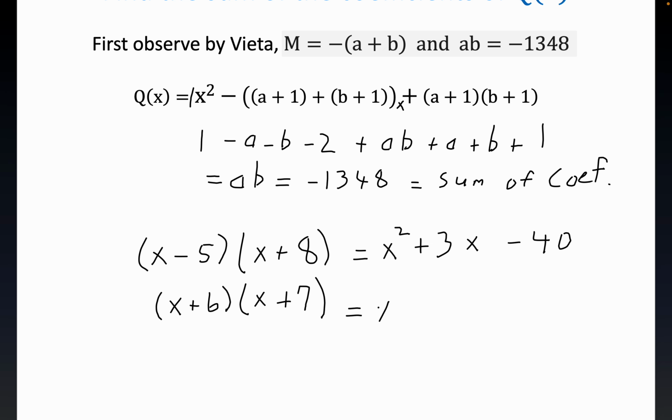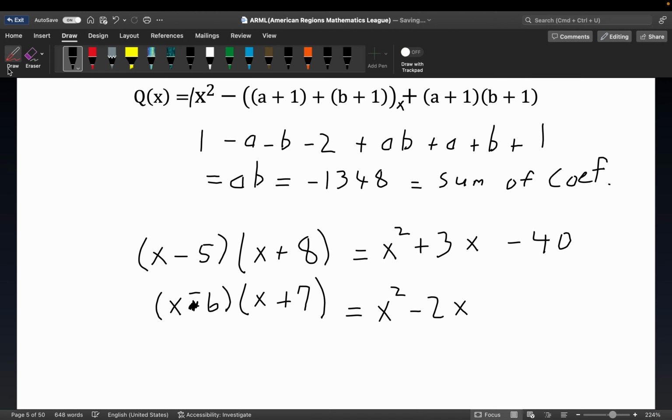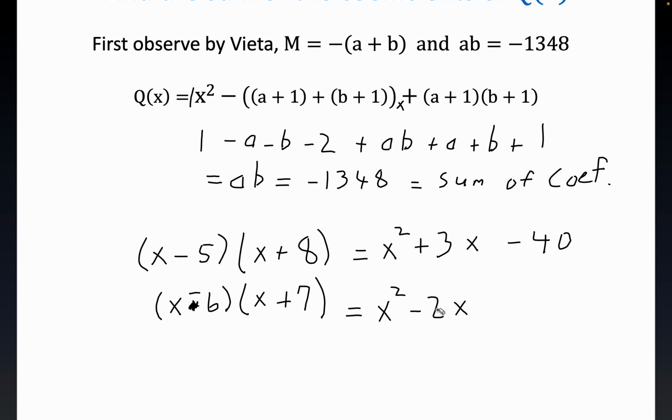You get x squared, and I'm sorry, y'all, this is a minus sign right here, my bad. So what do we end up with? This would just be minus x here, right?